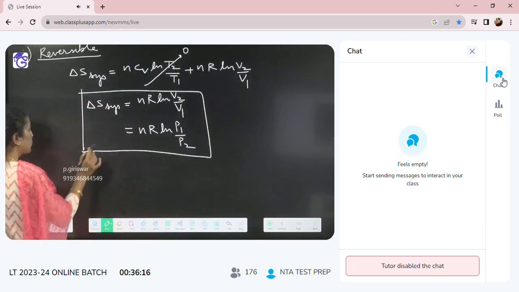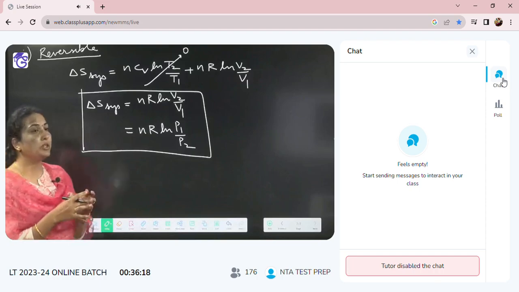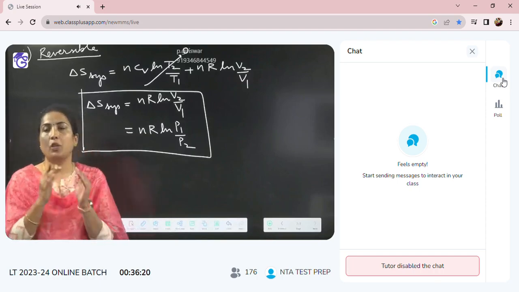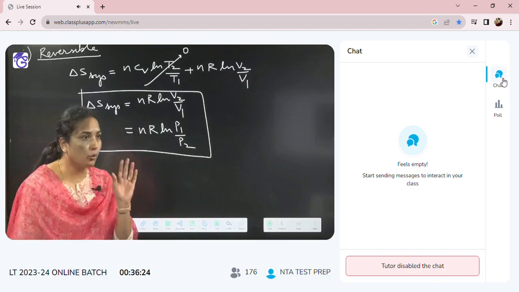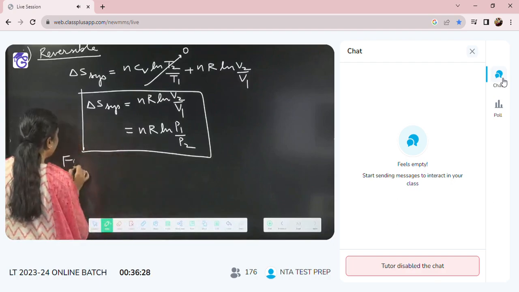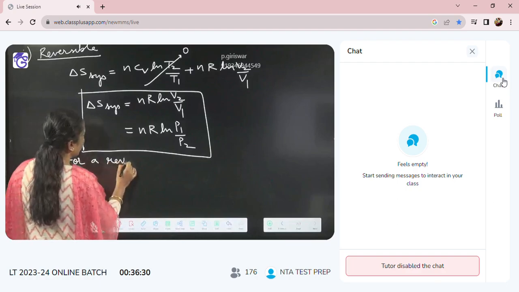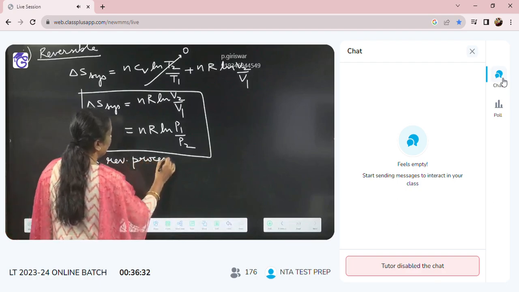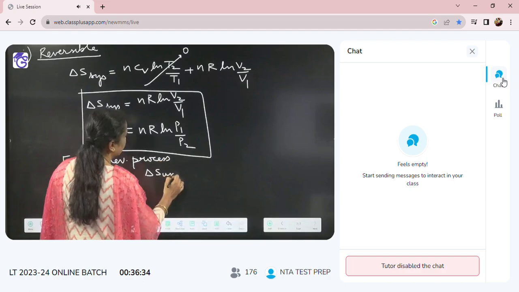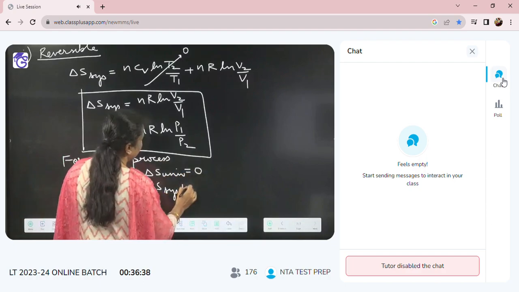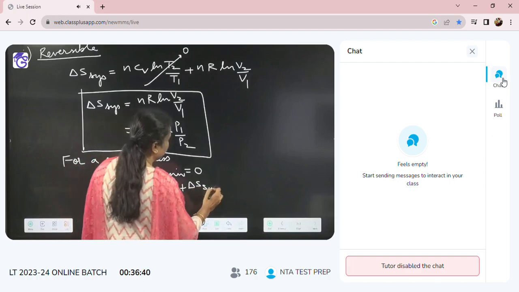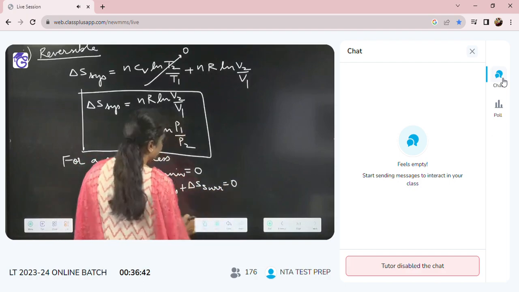Now, when it comes to the surroundings, and we are dealing with the reversible process, I've already told you that for a reversible process delta S universe is 0, right? So I'm going to write down here, for a reversible process, delta S universe is equal to 0, which implies delta S system plus delta S surrounding is equal to 0.